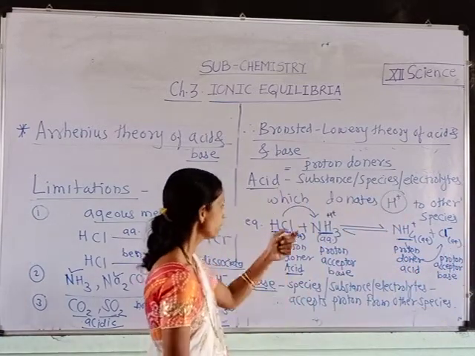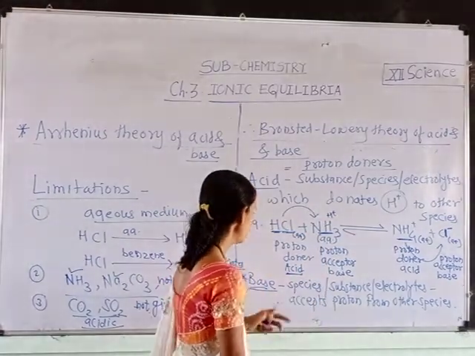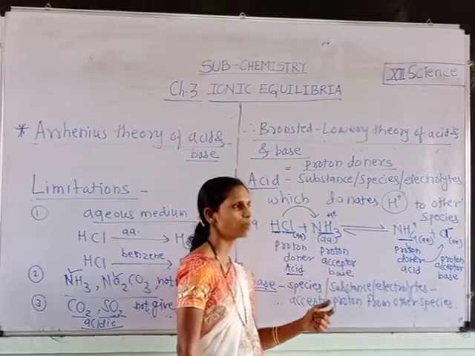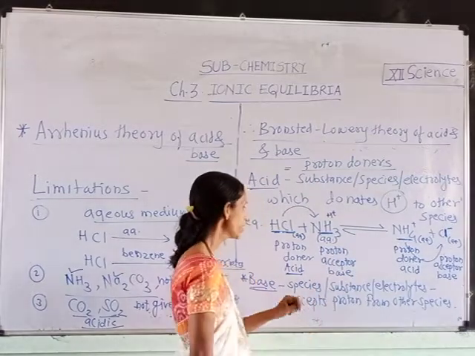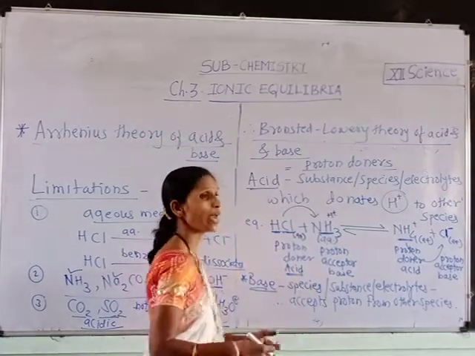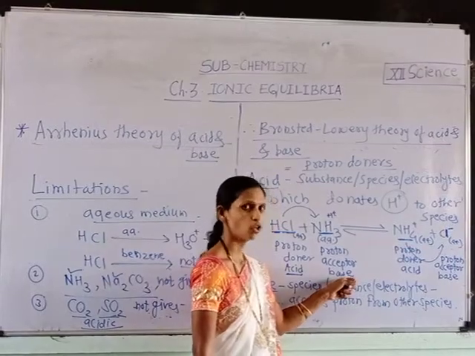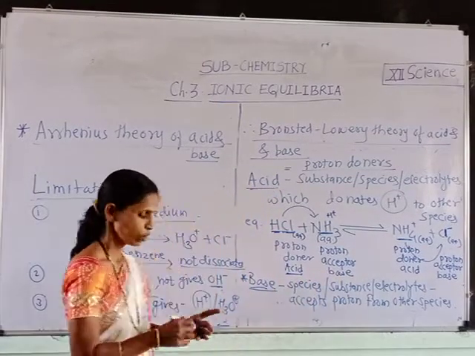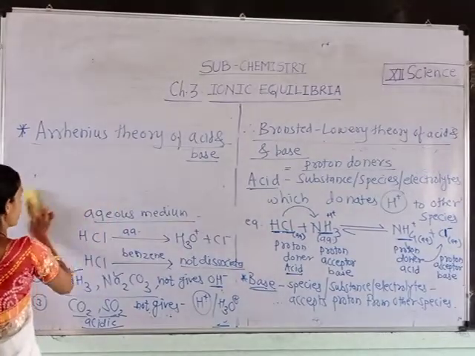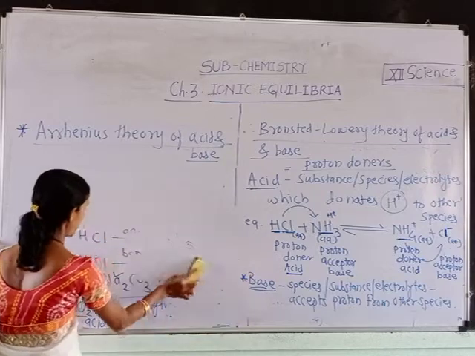In this chemical equilibrium or ionic equilibria, two different acids and bases are present. Therefore, there is a pair of acids and a pair of bases formed, which is known as conjugate acid-base pairs.